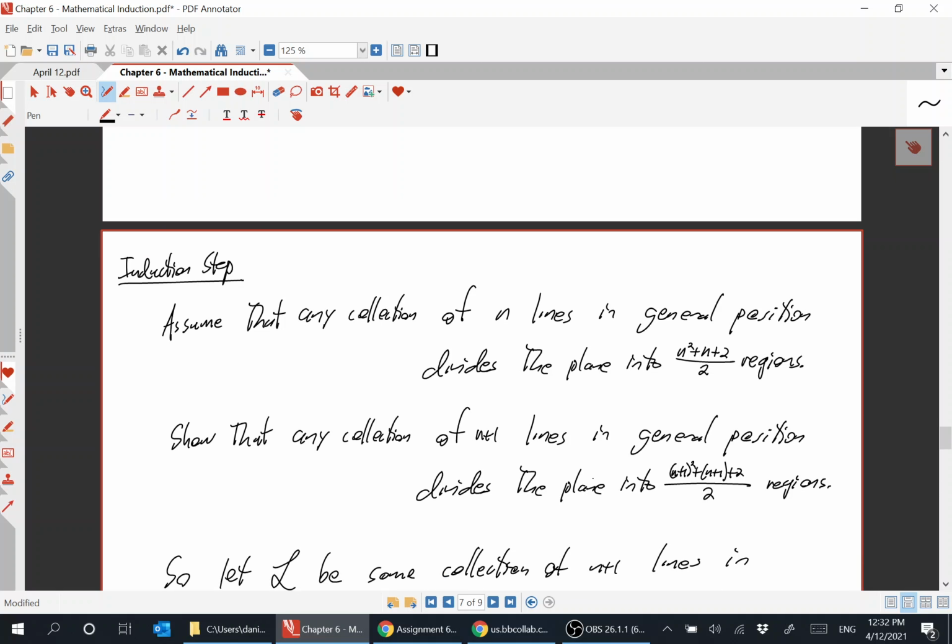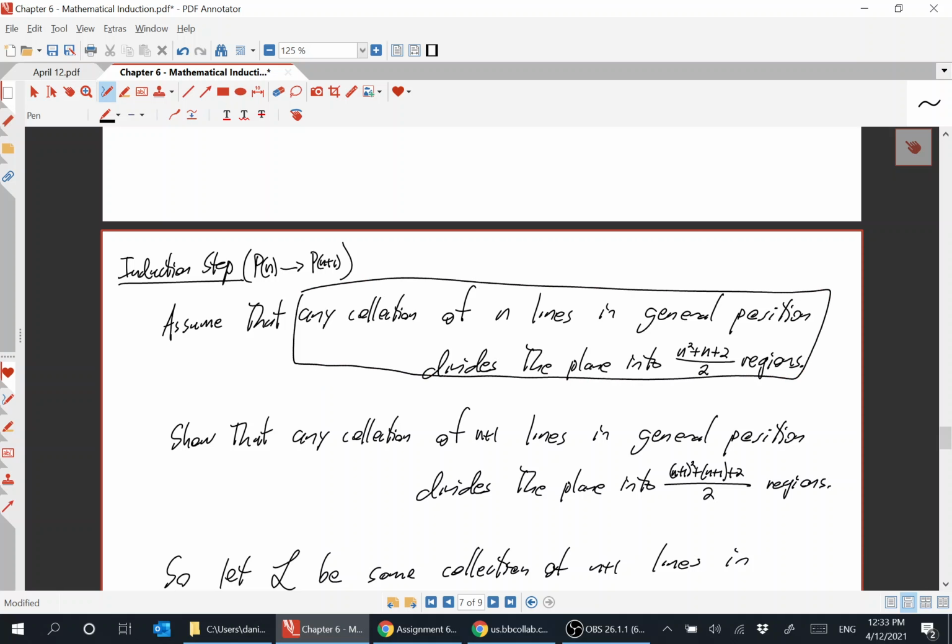And then in the induction step, you assume that any collection of n lines in general position divides the plane into (n squared plus n plus 2) over 2 regions. So that's the assumption, right? We're trying to show that Pn implies Pn plus 1. Pn is this statement here: any collection of n lines in general position divides the plane into (n squared plus n plus 2) over 2 regions.